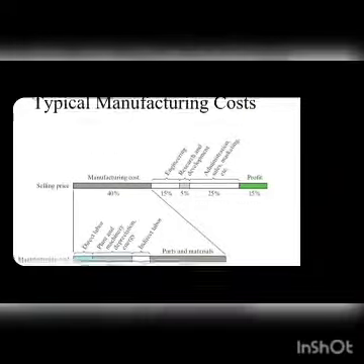Then, when you determine the selling price, manufacturing cost will be only 40%, and above that 5% for engineering cost for design, 5% for research and development, 25% for administration, sales and marketing, plus profit of 15%. Fixing the profit percentage varies from company to company. So this is how the manufacturing costs are mostly split up.